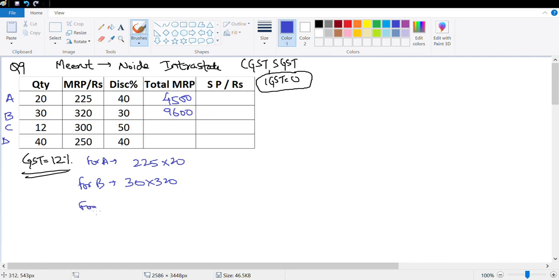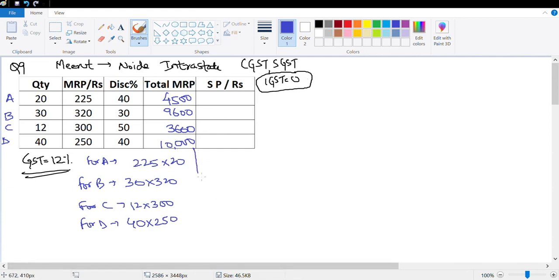For C, it is 12 into 300, that's 3600. And for D, it is 40 into 25, the 25 into 4, that's 100. So that's 10,000. But this is just the MRP, not the selling price.